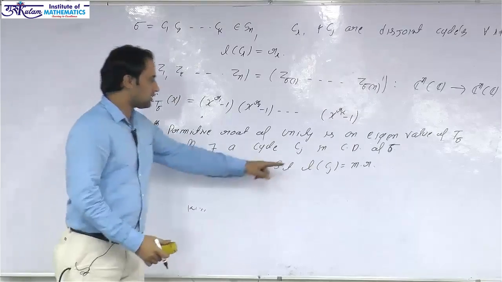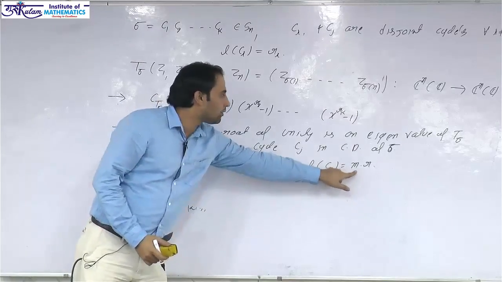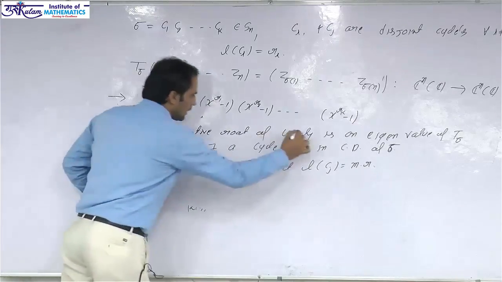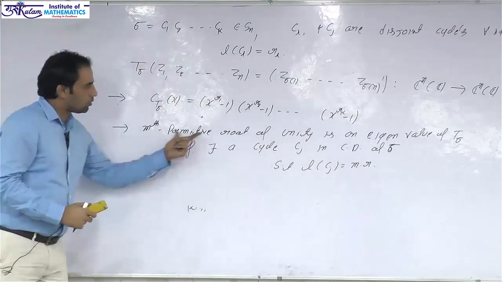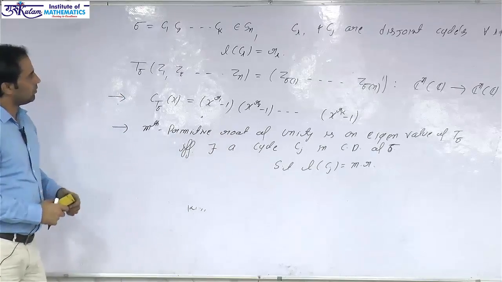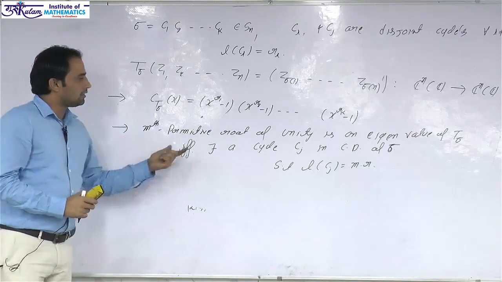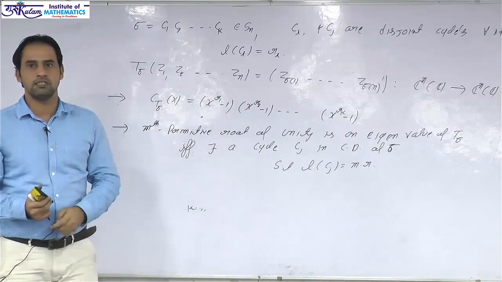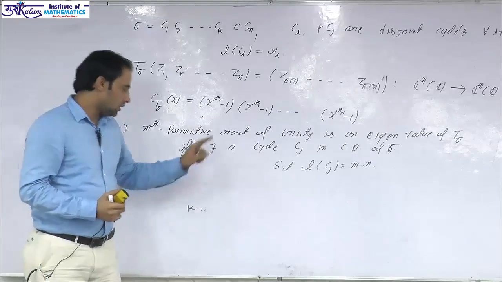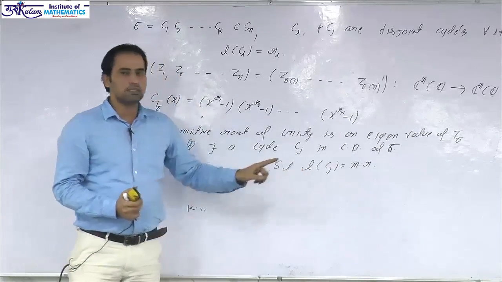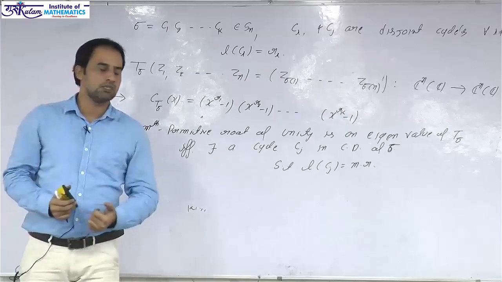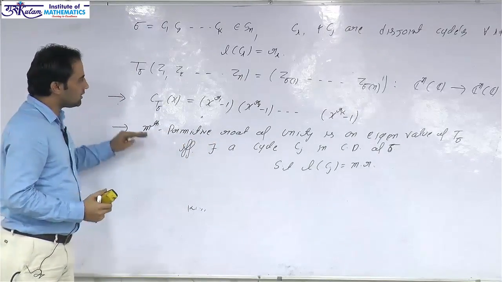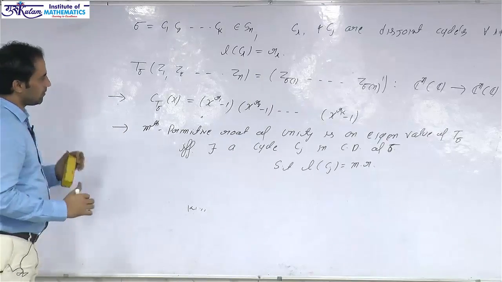That is, if there is a cycle whose length is a multiple of m, then there must exist an eigenvalue which is an mth primitive root of unity. So, for example, omega is an eigenvalue of this T sigma if and only if there is a cycle whose length is a multiple of 3, since omega is a primitive third root of unity. So this is another property of this T sigma.